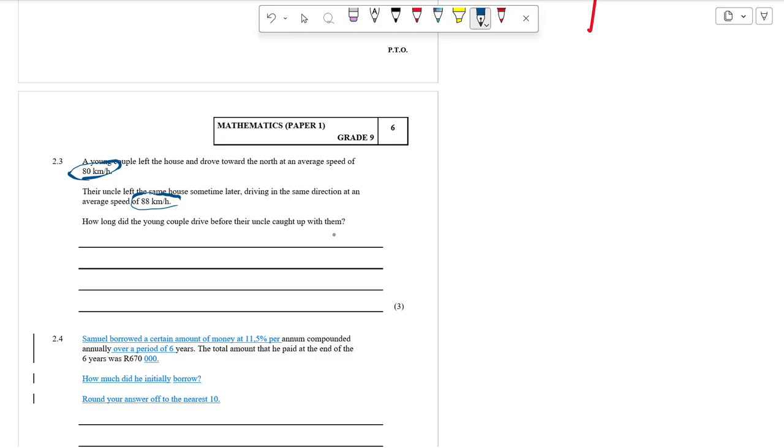Okay, so it's simple. We say distance. Distance is given by speed multiplied by time.